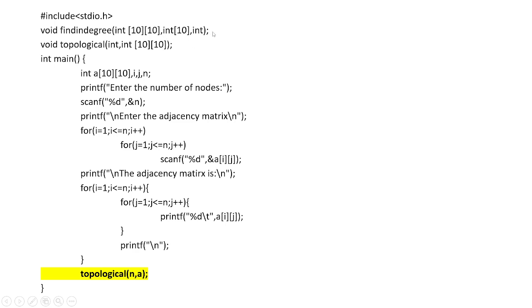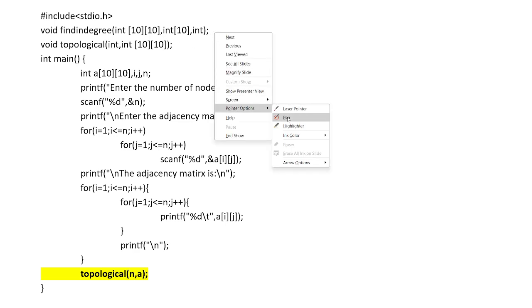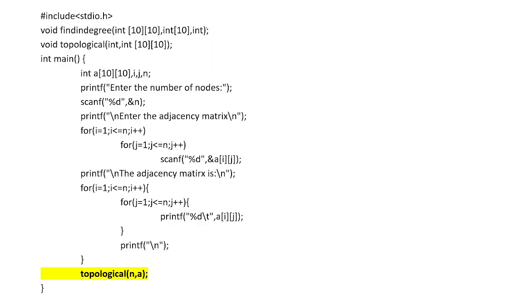The function for finding the in-degree takes the in-degree variable, then the two-dimensional array, that is the adjacency matrix, then the in-degree table, then the number of vertices.